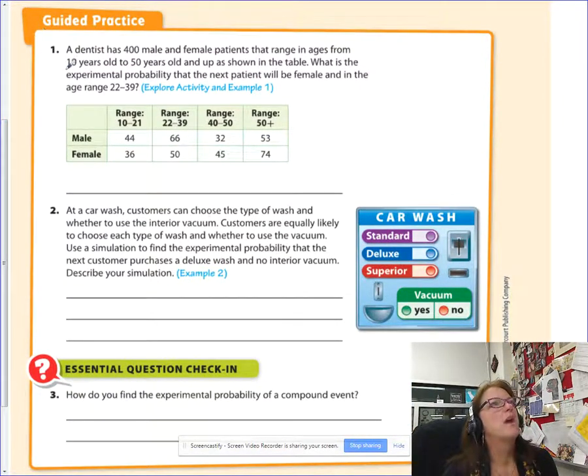Okay, just kind of keep you going through this. All right, what I'm going to assign you to do, and even though there's a lot of words in these situations and scenarios for each problem, really it's very straightforward if you just take the patience to read through the question. All right, so for example, on number 1, it says the dentist has 400 male and female patients that range in ages from 10 to 50. So you can kind of see how they've broken this into categories by age and then by male and female.